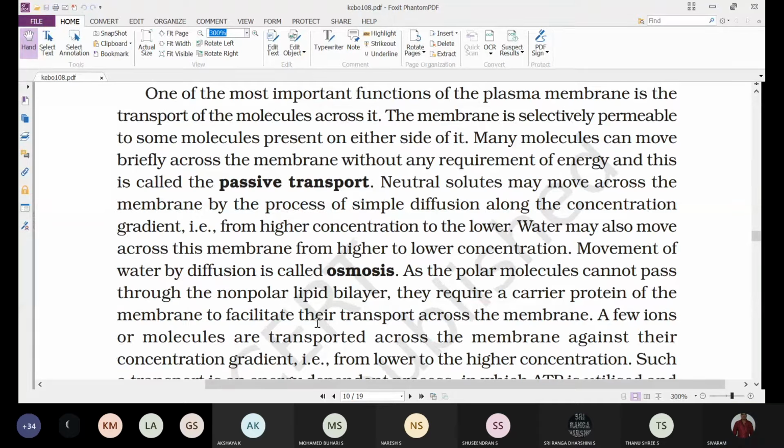This is also a type of diffusion, but this diffusion of water, we are calling it osmosis. This diffusion is taking place across the membrane from the region of higher water potential to the region of lower water potential through the membrane. That's why we are calling it osmosis.